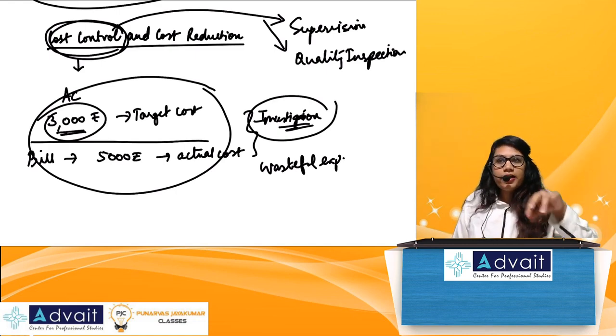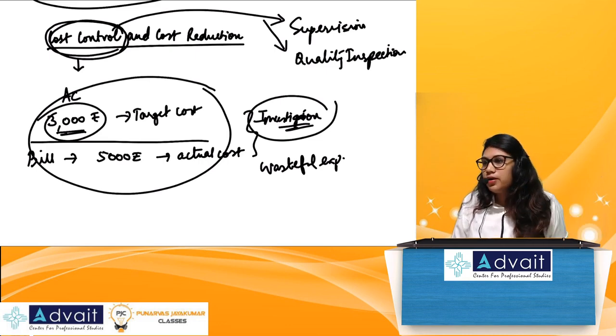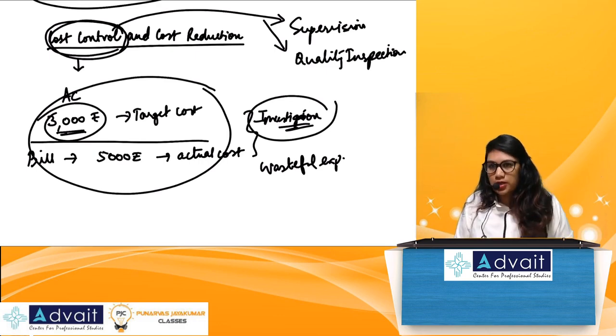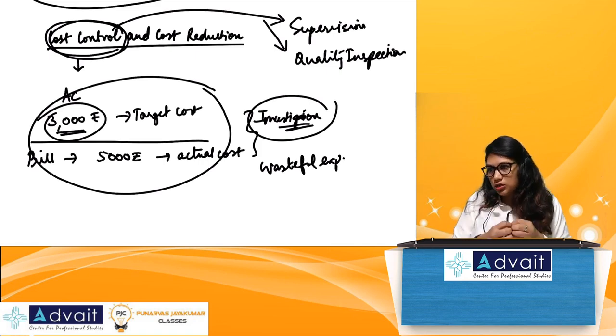If target costs are all right, but they are not matching with actual costs, then investigation is done. Then it is figured out why it is not matching. Once the reason is determined, precautions are taken. So everybody in that particular department is asked to control that wasteful expenditure. That is called cost control.